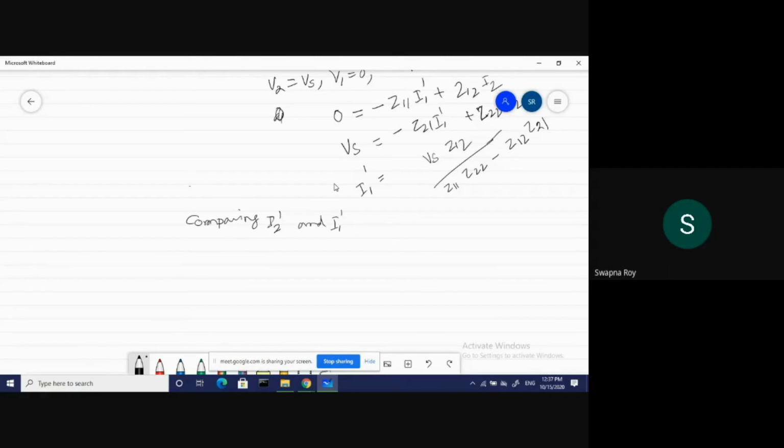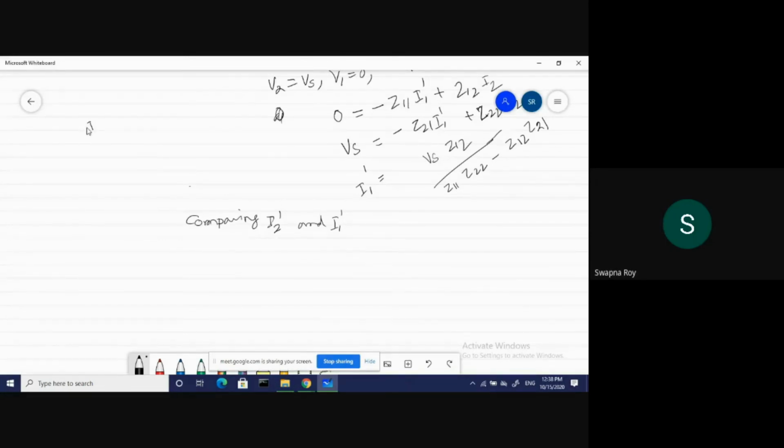In the second case, we have applied Vs in port 2 and I1 dash is the response. Comparing I2 dash and I1 dash, the condition of reciprocity theorem becomes that both will be the same according to the reciprocity theorem.